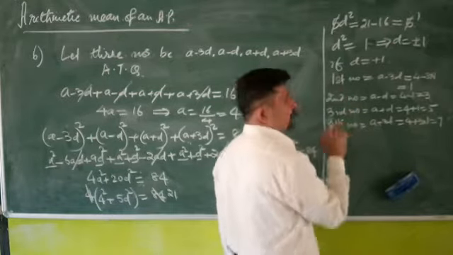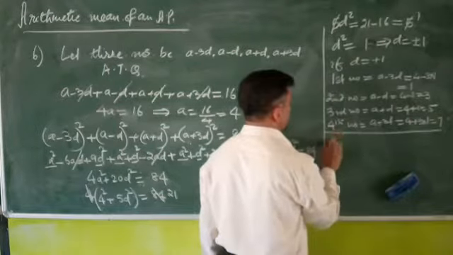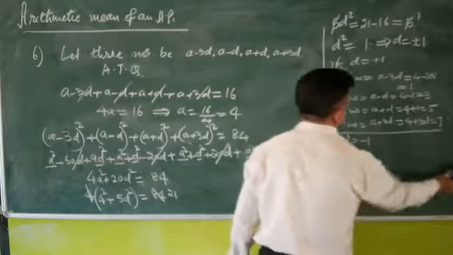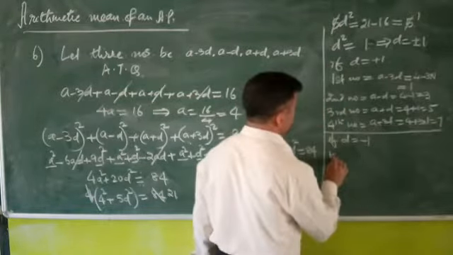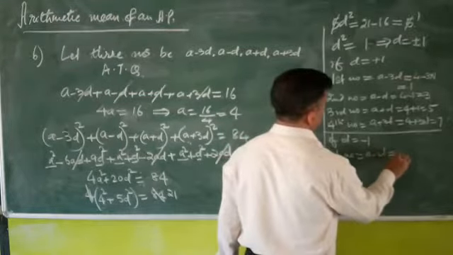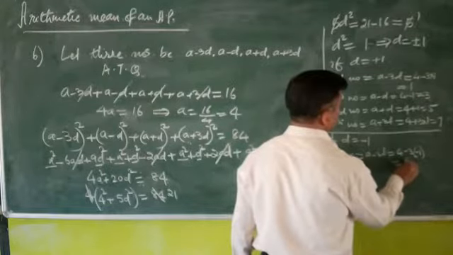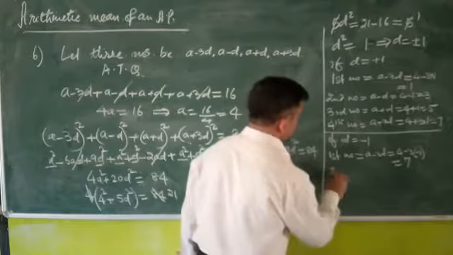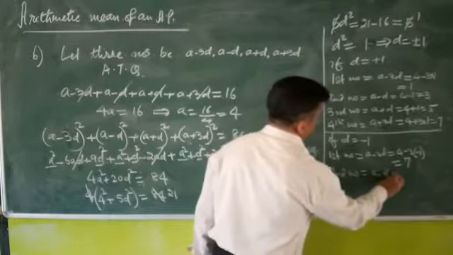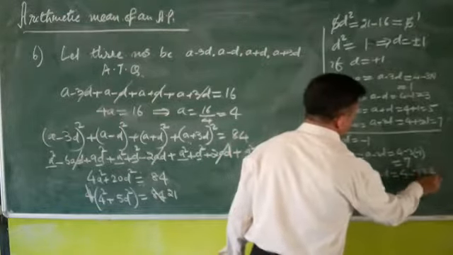This is your one set of answers. Likewise, you will get another set of answers if your d is negative 1. Then your first number is a − 3d, this is 4 − 3 × (−1) = 7. Second number is a − d = 4 − (−1) = 5.